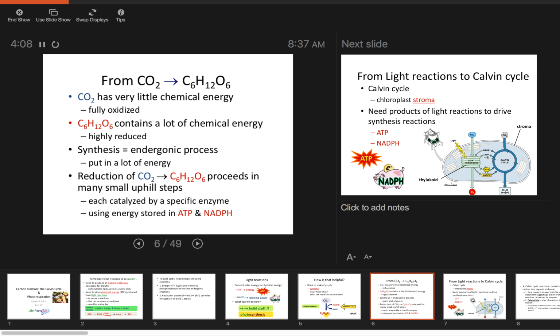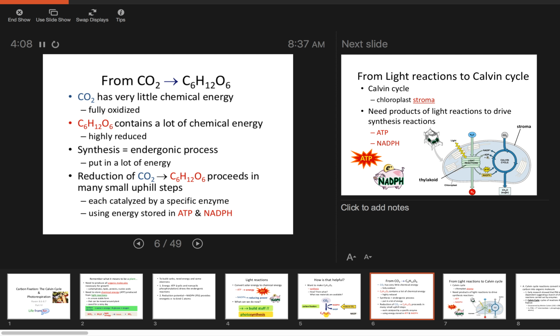So we talked about the light reactions yesterday, how electron carriers and ATP are made, and now we're going to use them in the Calvin cycle, take in CO2, and form our carbs. I should say, the Calvin cycle takes place in the stroma of the chloroplast, whereas the light reactions were within the thylakoid and the thylakoid membrane. Okay, so we're converting inorganic carbon into an organic molecule.